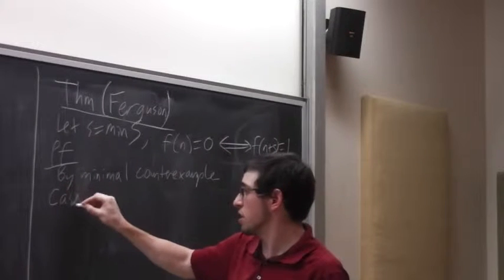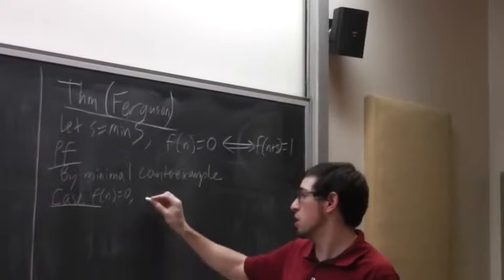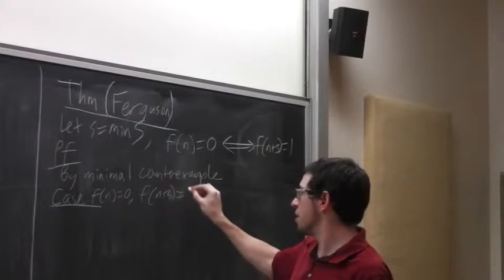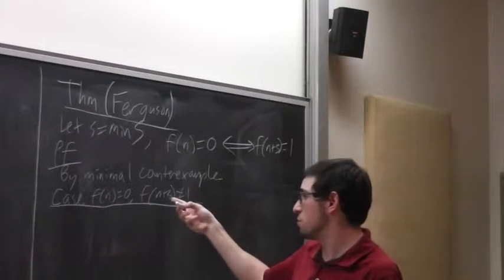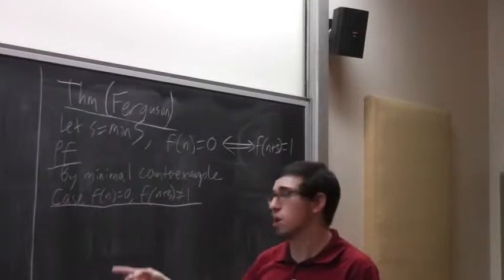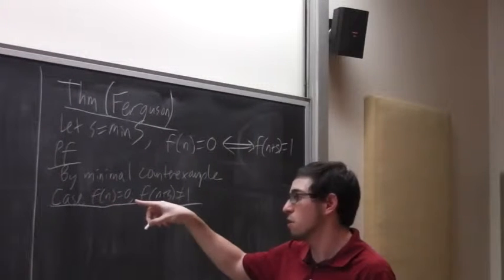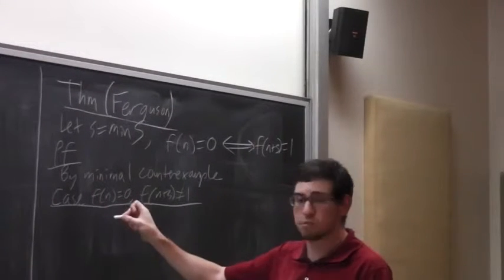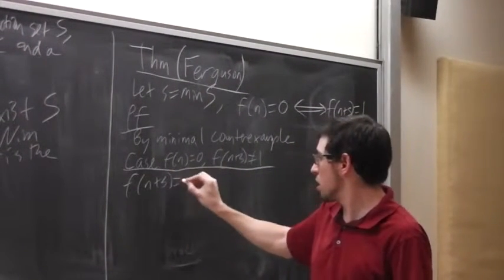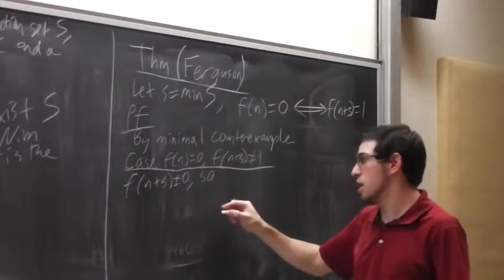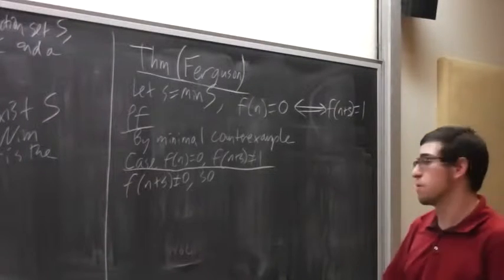So the first case, we're going to assume we have f of n equals 0, and f of n plus s not equal to 1. It's also not equal to 0 because we can subtract from n plus s, we can take s counters and get to this position, which has Sprague-Grundy value of 0. So we can move to a position with 0, so it can't be 0. And so, since it's not 1, there must be a legal move to some position where the Sprague-Grundy function is 1.